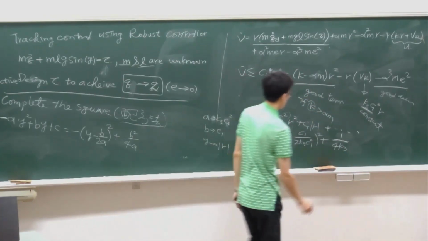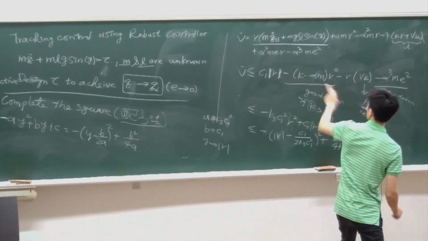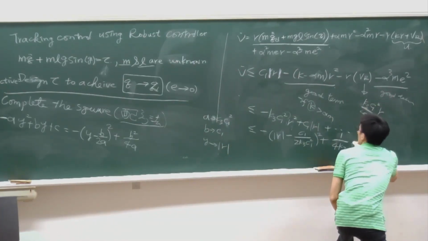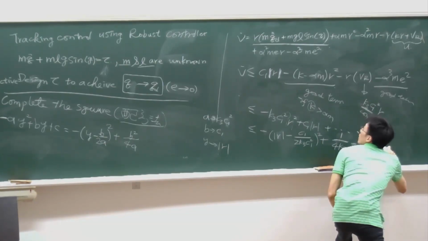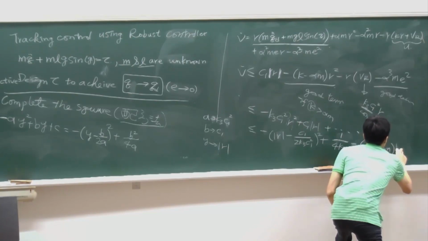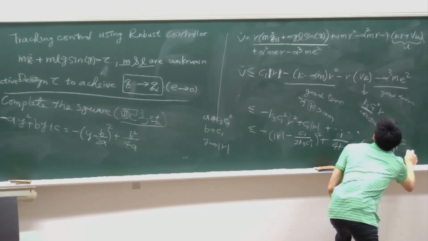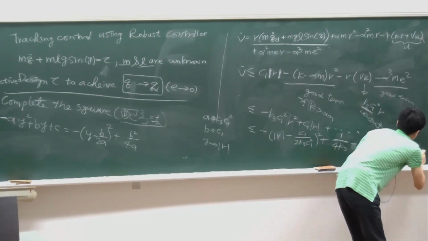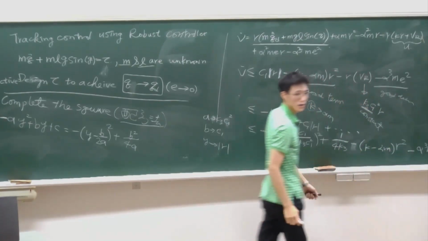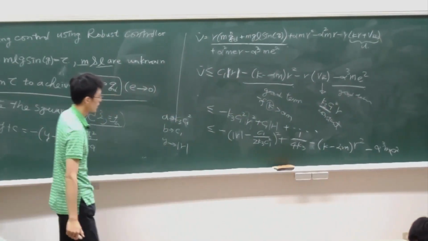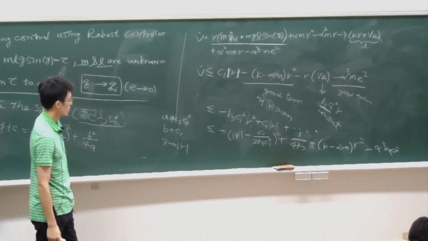Okay, and plus these two terms minus k alpha m r squared minus e squared. Okay, is this okay?